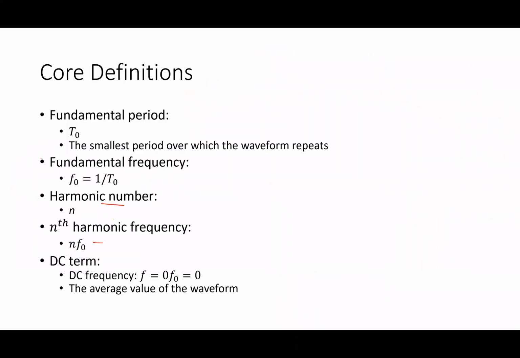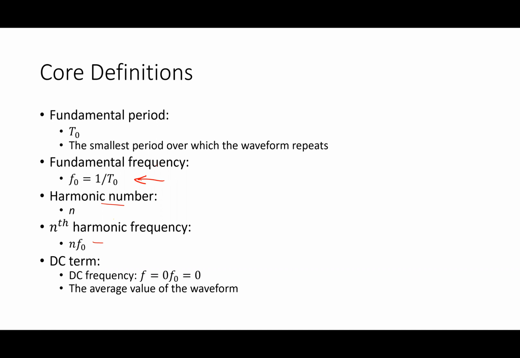All right, so we had these core definitions. Basically, I've got a fundamental period, the smallest period over which the waveform repeats, and I can relate that to the fundamental frequency. And of course, there's an omega naught too, which is 2 pi times that. But what we tend to refer to as a frequency is in hertz. Engineers don't typically refer to frequencies in radians per second.